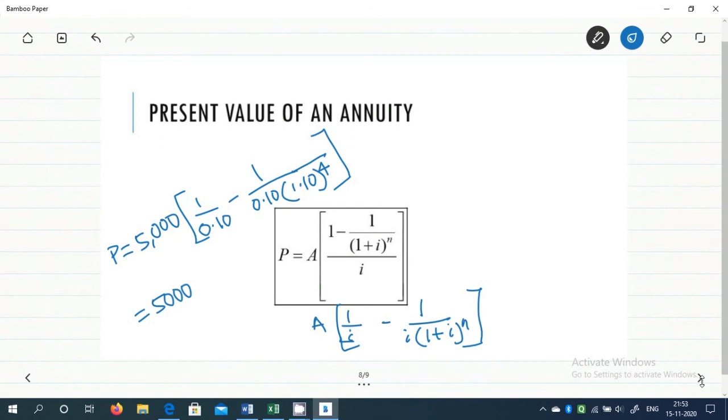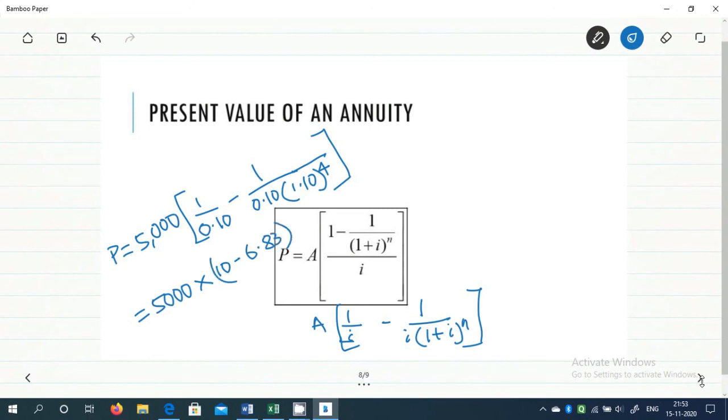So it becomes 5000 into 1 by 0.10, that is 10, minus this value. If you find it out, you'll find this one is 6.83.